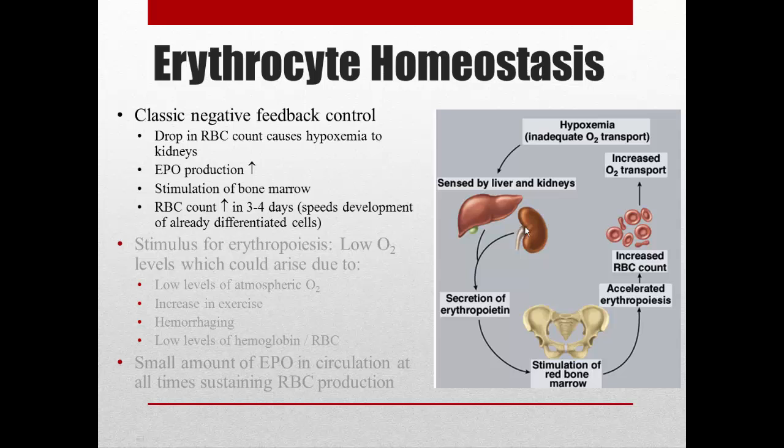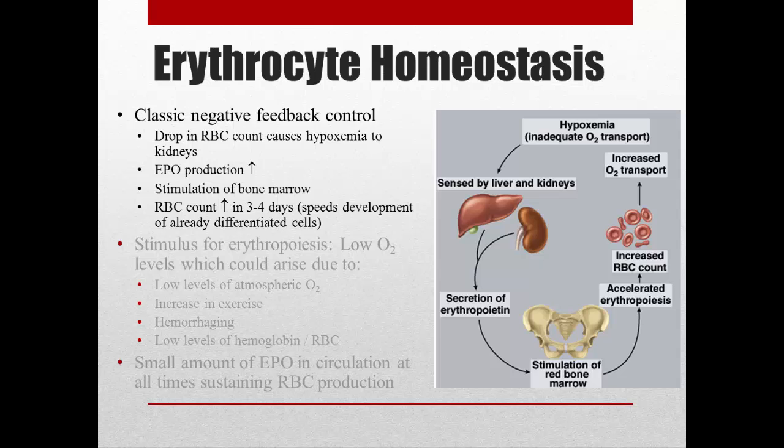That's going to be detected by the liver and the kidney, both of them, but primarily the kidney, which is going to secrete erythropoietin. This is a hormone that stimulates the red bone marrow to increase erythropoiesis. So now we make more red blood cells, our red blood cell count goes up, and because we have more red blood cells, we can transport more oxygen. So the oxygen level in the blood goes up, and now we're not hypoxemic anymore.